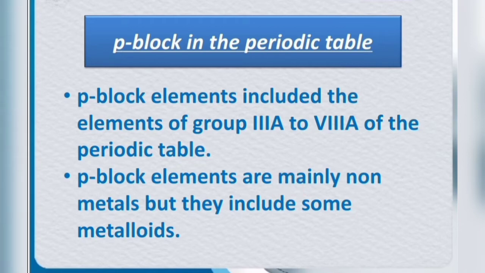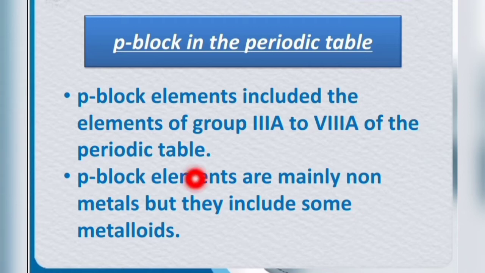What are non-metals? Yes, non-metals are usually poor conductors of heat and electricity. Many of the elemental nonmetals are gases at room temperature, while others are liquid and some are solids.